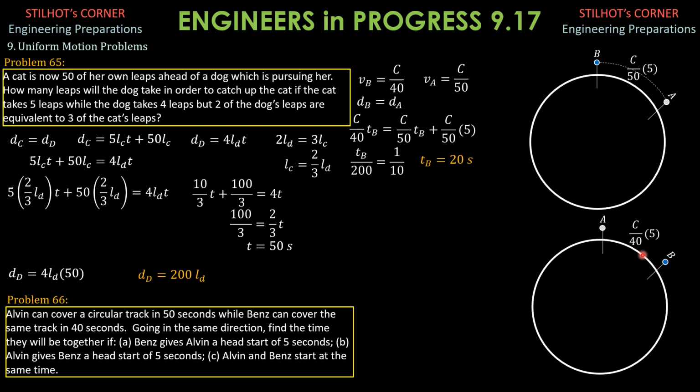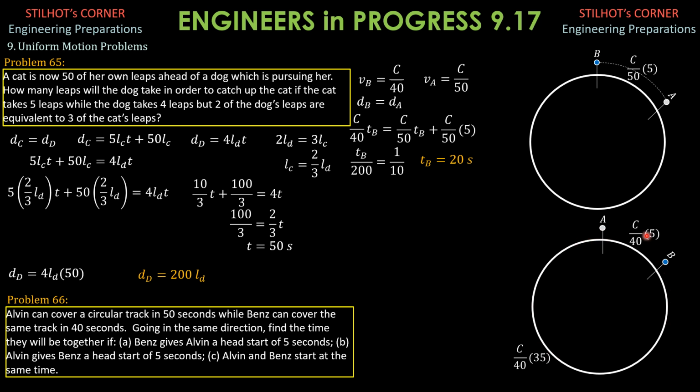So if this is C over 40 times 5, this distance here, if you analyze the situation, it's like it is Alvin who is ahead by C over 40 times 35, where 35 is the remaining time for Benz to run this part of the circular track, because it will take Benz 40 seconds to completely round the circular track.